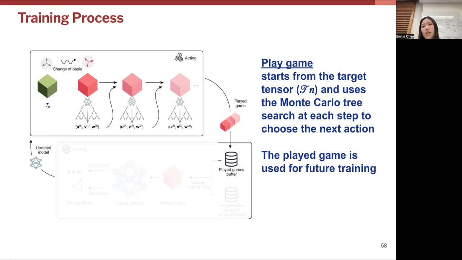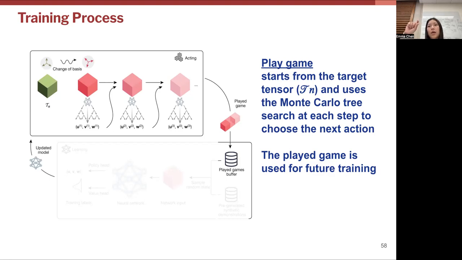So what is Monte Carlo tree search? We have a search tree, and instead of traversing the whole tree and finding every node, I'm going to sample a subset of the tree. The way it works is I'm going to sample the actions based on the policy.